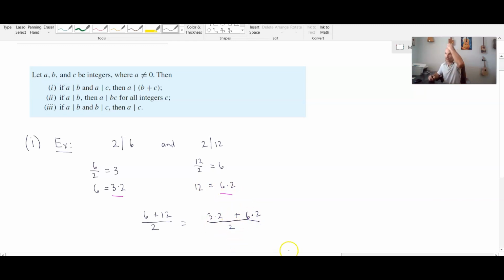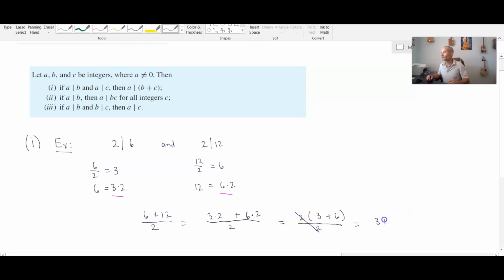Okay, so how do we know for sure that that's divisible by 2? Well, we already know that both of these quantities, 6 and 12, are divisible by 2, which just means they can be written as a multiple of 2. And since both of these two terms contain 2, I can actually factor that out and write this as 2 times quantity 3 plus 6. And divided by 2, well, we already know that if we multiply something by 2 and then divide by 2, those operations effectively cancel each other out.